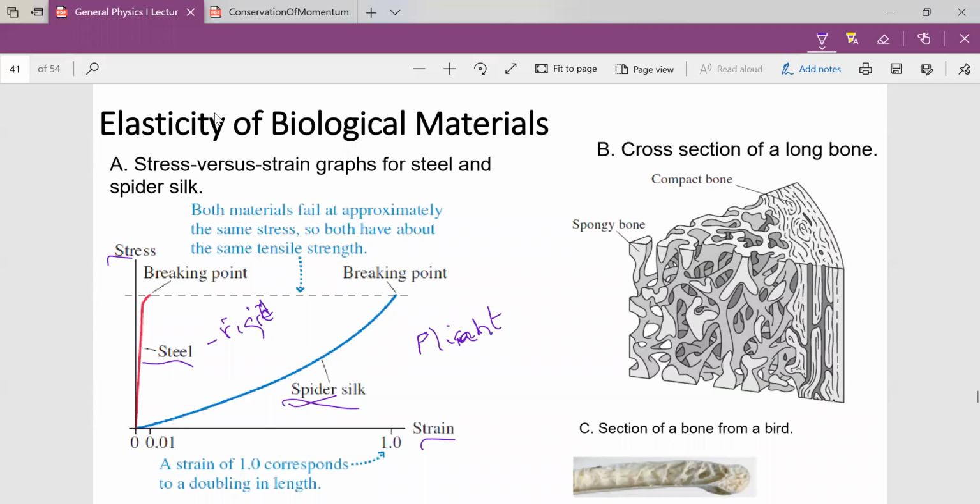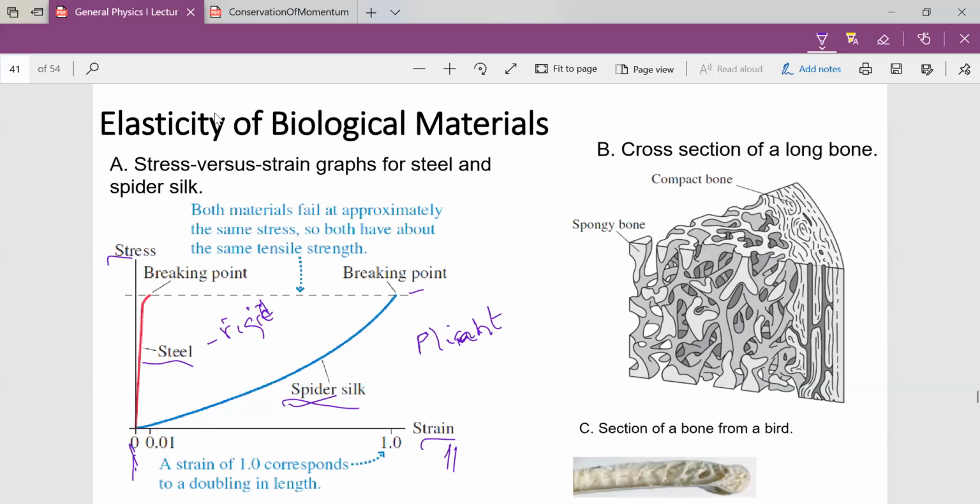Okay, but something happened because we applied the same amount of stress. We see that they both got to the same level of breaking point, but what happened at different strain lengths, different change in distance.